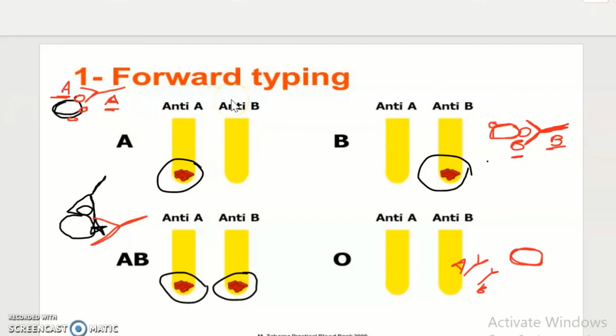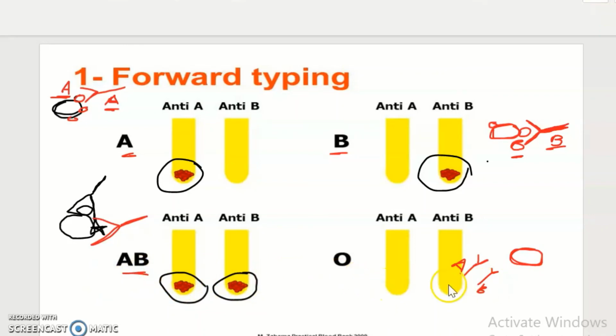Forward grouping is very easy to interpret, as when you see agglutination in anti-A, it means the patient blood group is A. If you see agglutination in anti-B, it means the patient blood group is B. If you see agglutination in anti-A and anti-B, it means the patient blood group is AB.